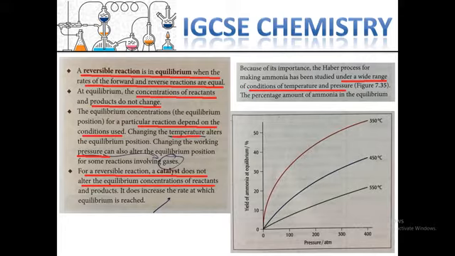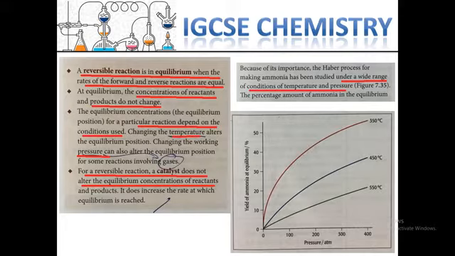For a reversible reaction, a catalyst does not alter the equilibrium concentration of the reaction. As we learned before in the previous session, catalysts only help the reaction to be faster, to make it quicker.